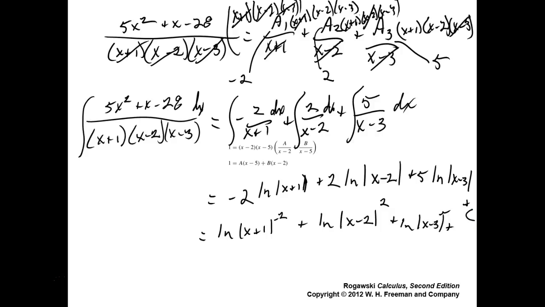So then you can combine them. If you call this ln of c, then add the ones that are plus, that'd be the log of c times x minus 2 squared. Now I can take off the absolute value signs, because squaring it's going to make it positive always. This one I really should leave them on, x minus 3 to the 5th power. I bet you the book does take them off. But this one's in the denominator, so this would be x plus 1 squared again. So that's always positive.